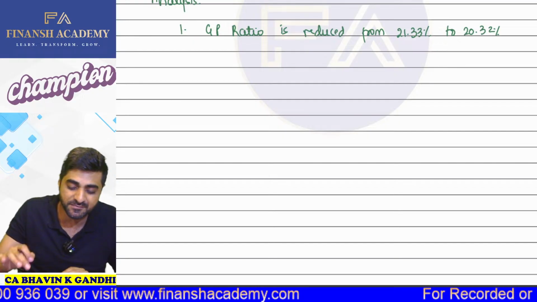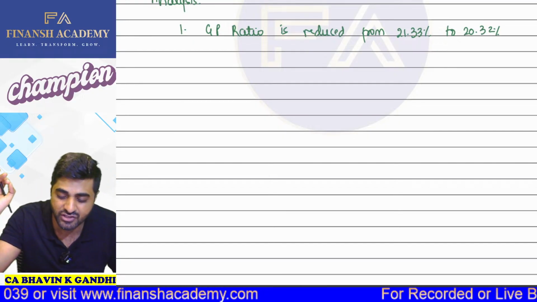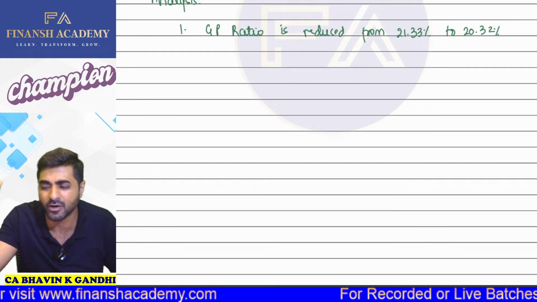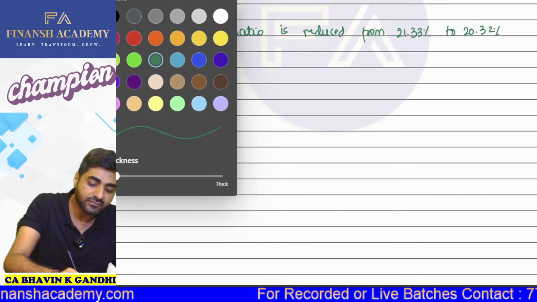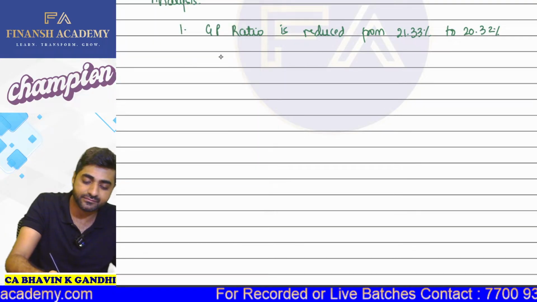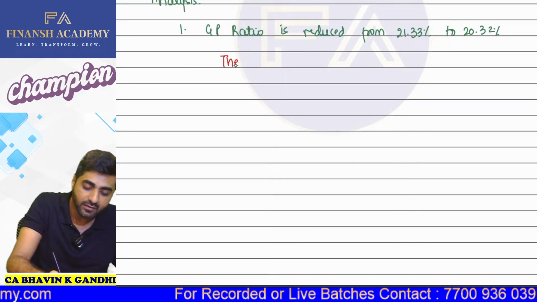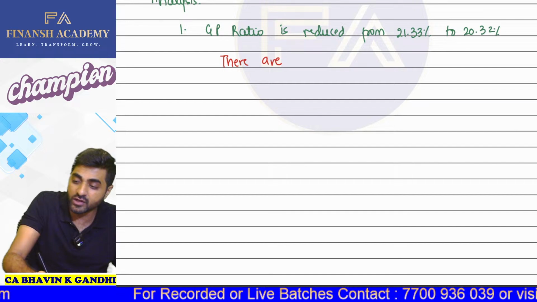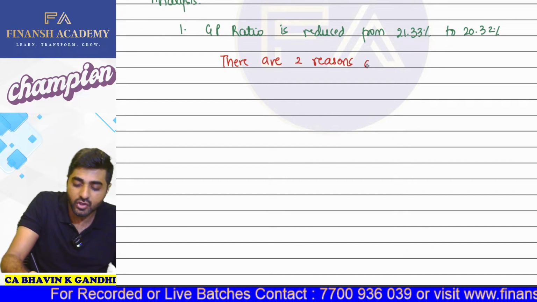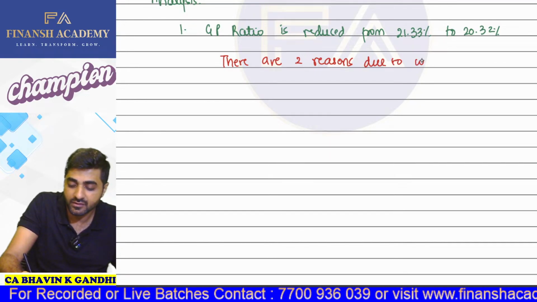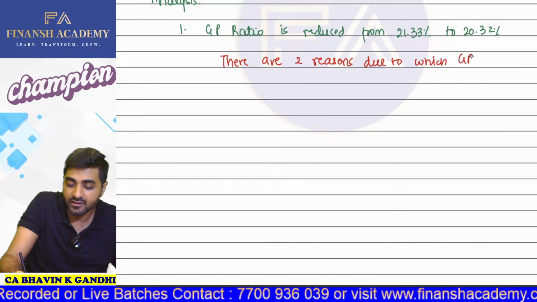So in this particular case, the GP ratio is reduced from 21.33 to 20.32%. So for that, we will write down: there are two reasons due to which GP can fall.